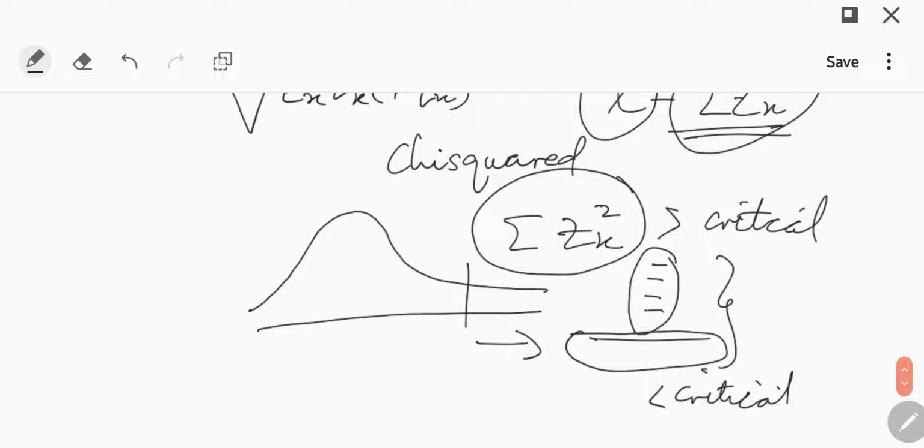And the other way which could come out is the z values for all of them may be negative, small but negative.